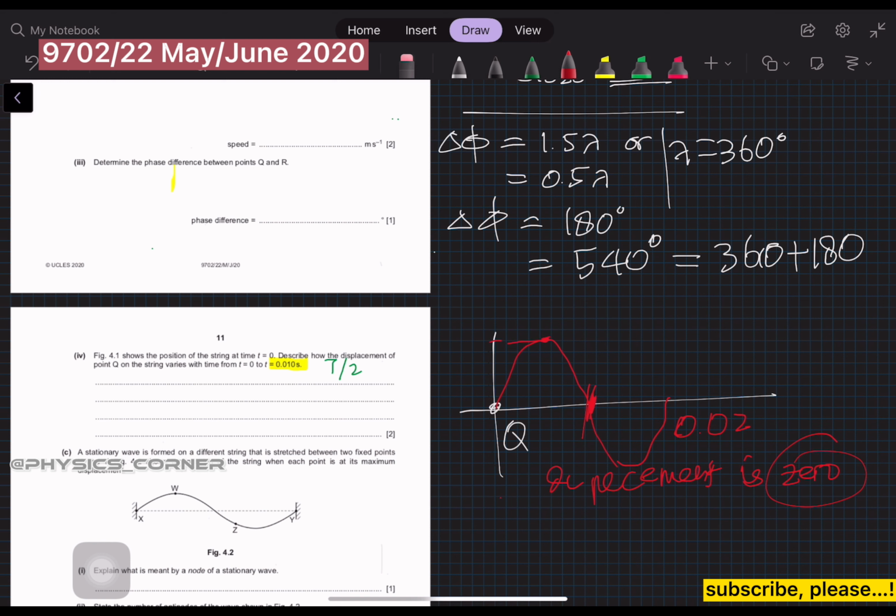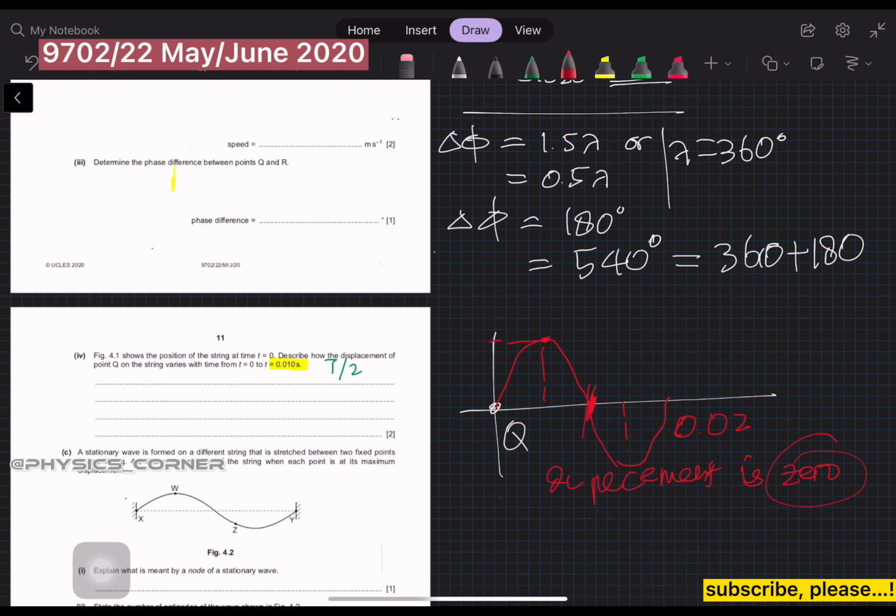The maximum amplitude is in here. This is like a fourth of lambda, and also 3/4 of lambda. I hope you understand what I explained.